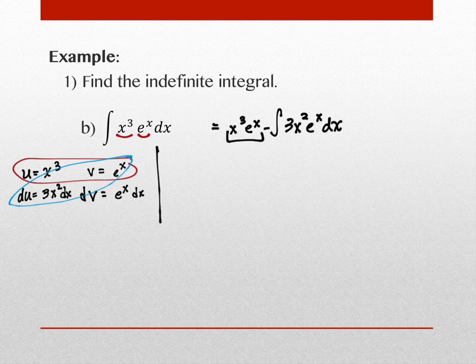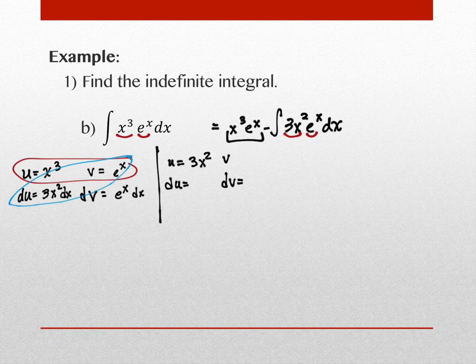So over here, I still have 2 pieces. So I still have to redefine a u, and then I'll get my du, and a v, and define my dv. What will my u be for this second piece? What will it be? 3x squared, the part that's going to get easier as I take its derivatives, right?